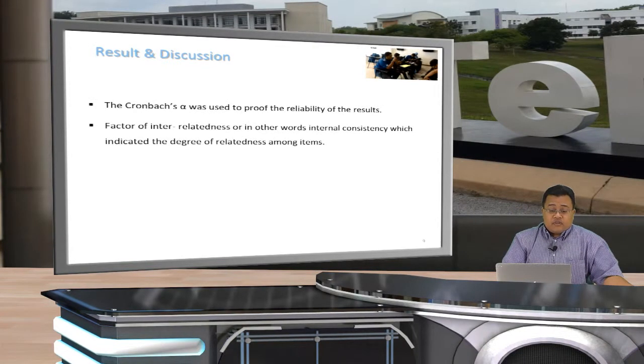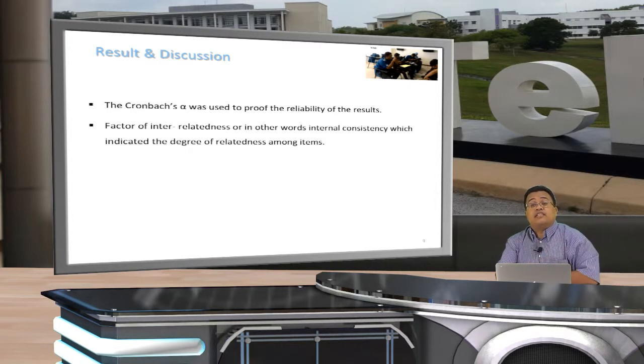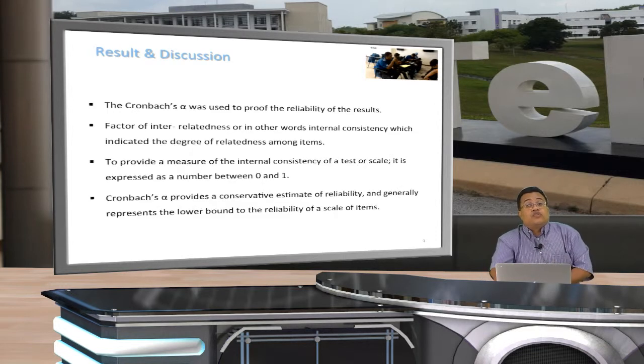Okay, the Cronbach's Alpha is also used to provide the reliability of the result, the interrelatedness of, in other words, it's also internal consistency, which indicates the degree of relatedness among the items. So we can actually measure the internal consistency from the study of our research.